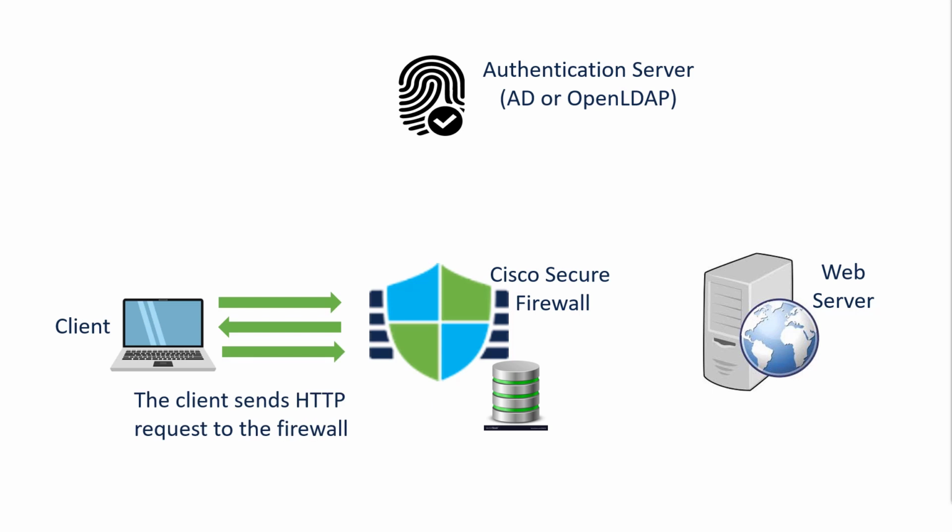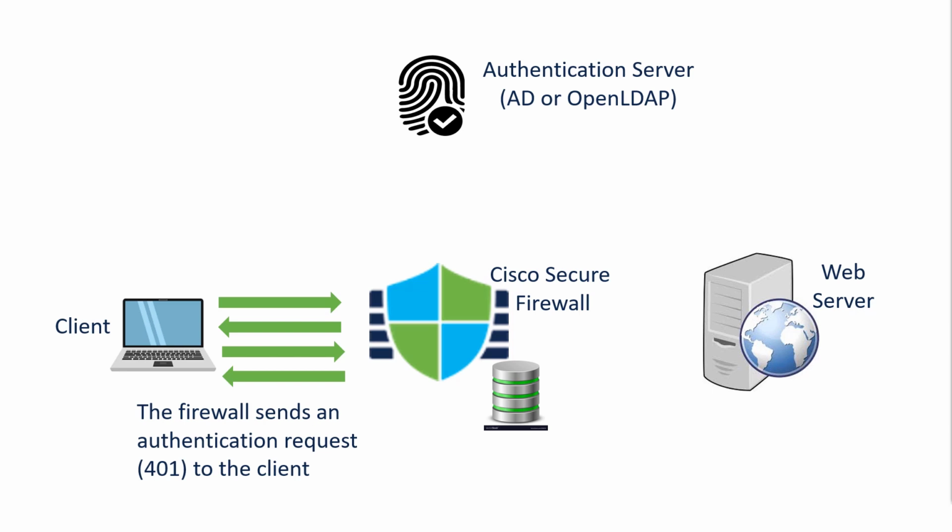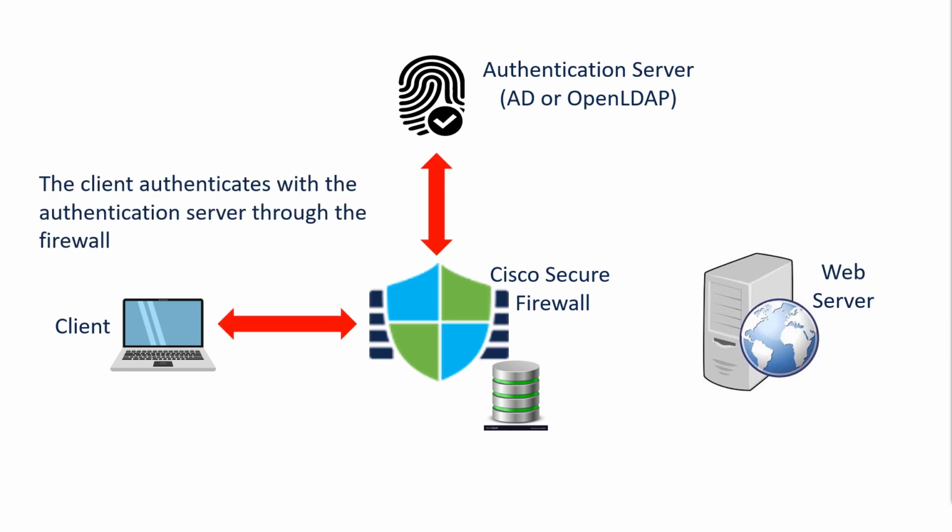The client sends an HTTP request to the firewall at that inside interface, and now the firewall can send back a 401 asking the client to authenticate. Authentication is done with an authentication server, either Active Directory or Open LDAP, and that authentication traffic actually goes through the firewall.